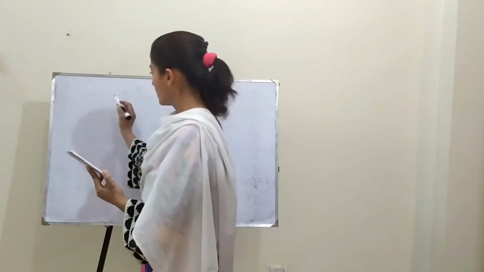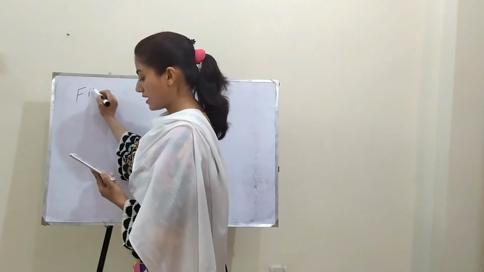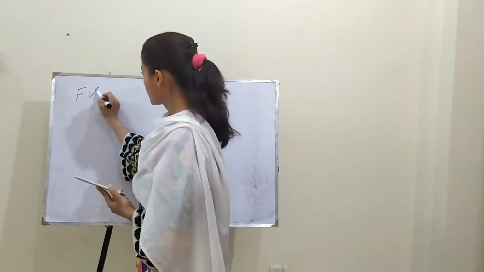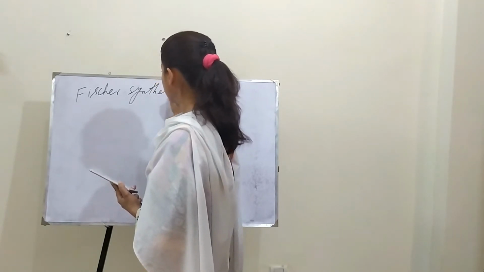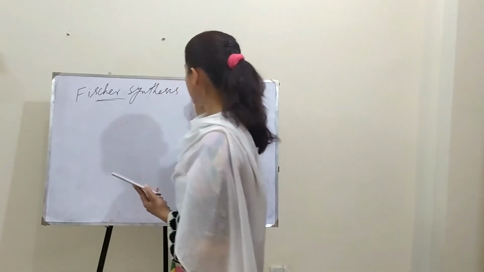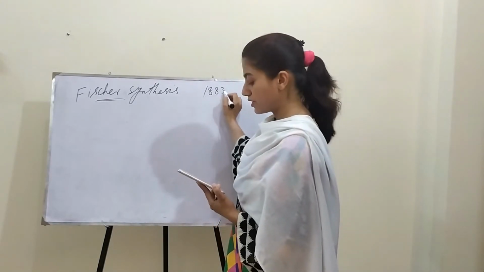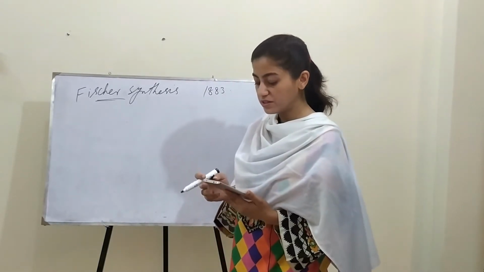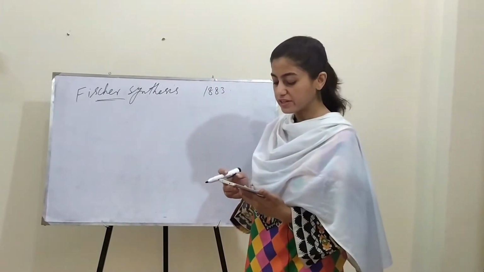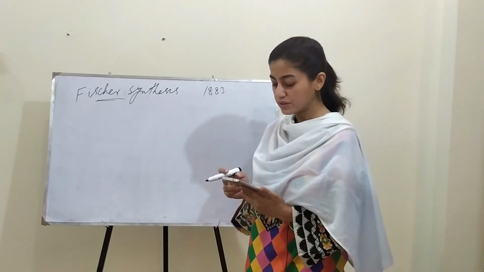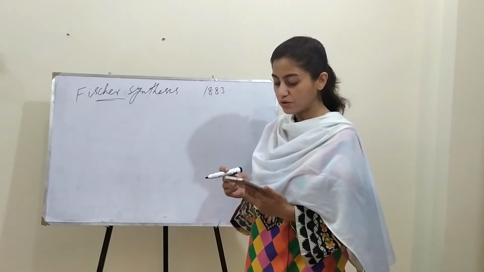The Fischer synthesis was first discovered in 1883, and it involves the acid or Lewis acid catalyzed rearrangement of an aryl hydrazone with the elimination of ammonia.